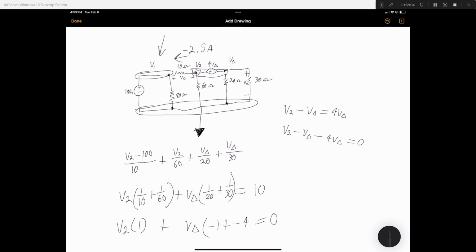Now if we go from V1 to ground, that's 100 divided by 80. That's 1.25 going down.